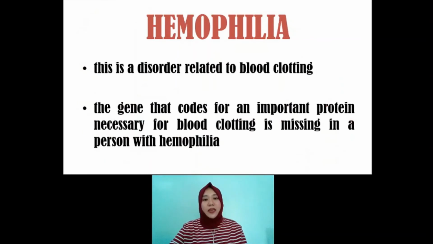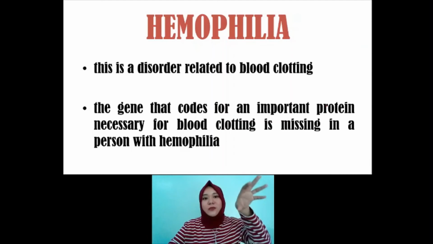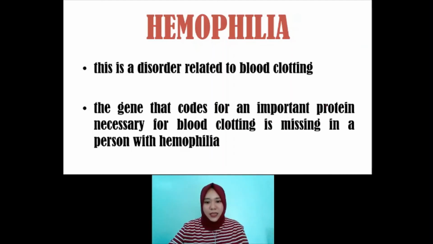Now, the last one is hemophilia. It is a disorder related to blood clotting. The reason why this happens is because of a gene that codes for a particular protein that is very helpful for blood clotting. So, an individual with hemophilia cannot code this gene for this specific protein for blood clotting.